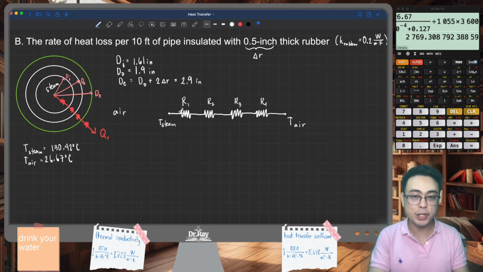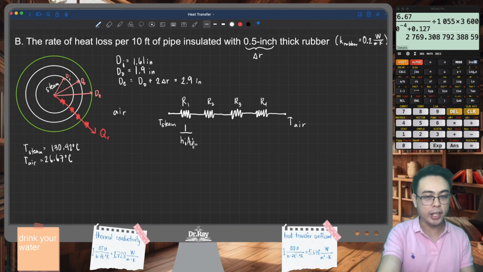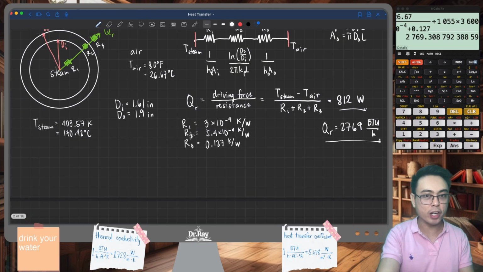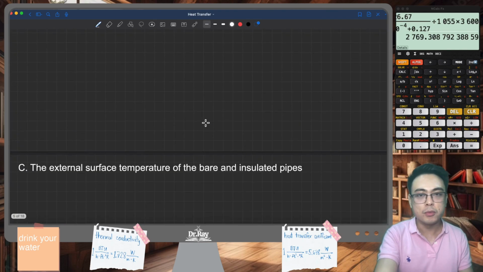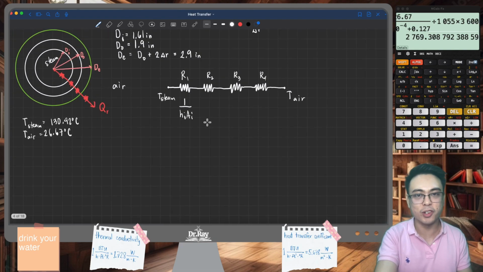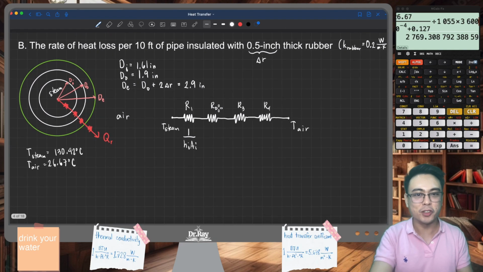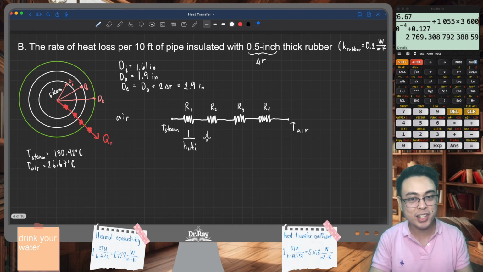The first resistance is still due to convection inside, that is 1 over HiAi. This R1 is numerically the same as our R1 from before because it's the same parameters, right? It's the same value of Hi, and the same internal surface area. For the second resistance, it's still the same.